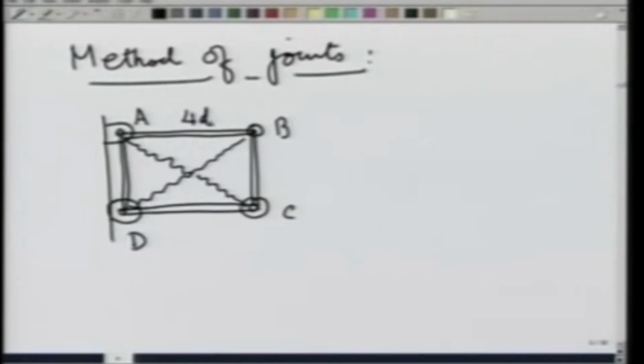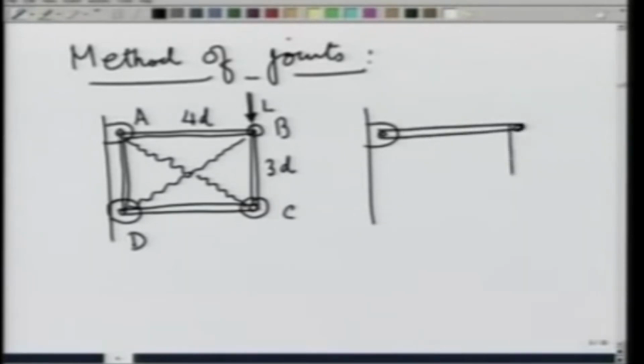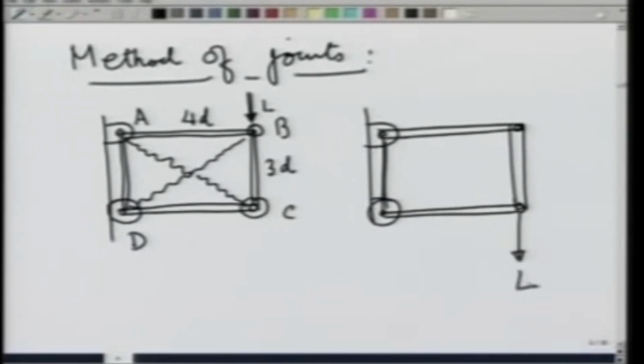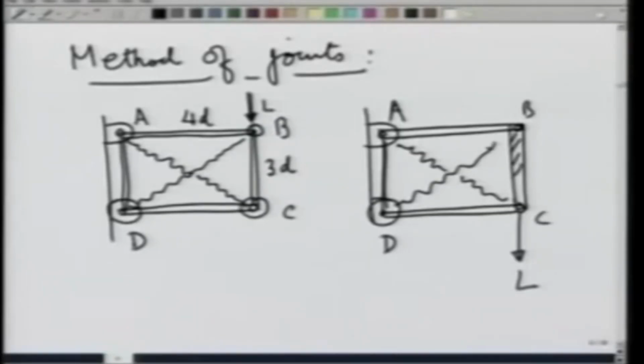This length is 4D, this length is 3D, and we load the system once at point B by a load L, and another loading is done at point C, the same L. These are two ropes, and in both the cases I want to know the forces developed in these rods or members and these ropes.